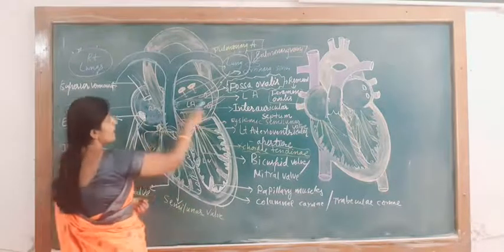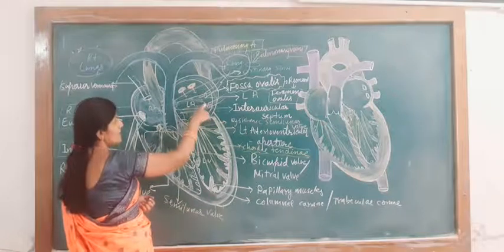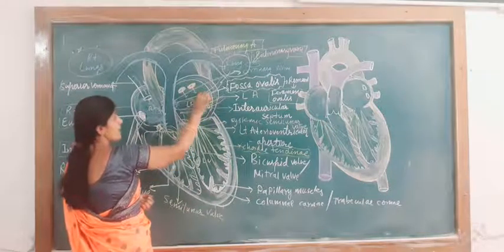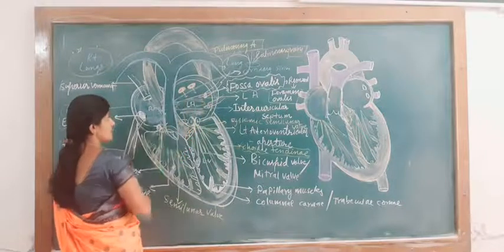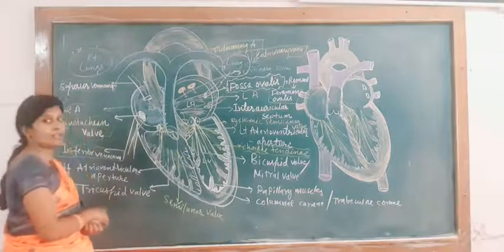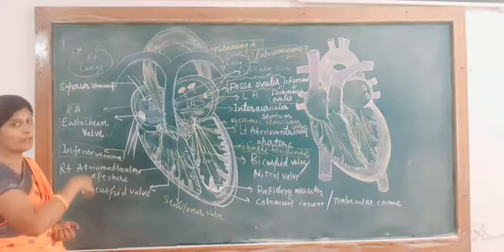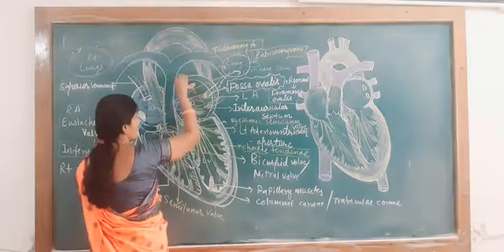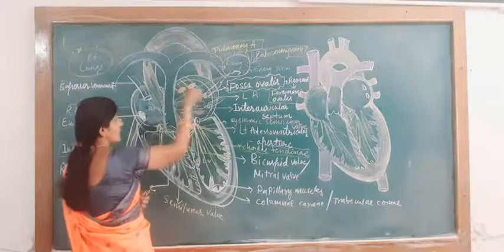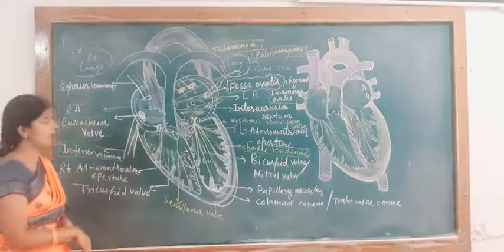The pulmonary veins do not have any valves. There is no valve in these openings, because they are present in angle form. So they do not have any valve.